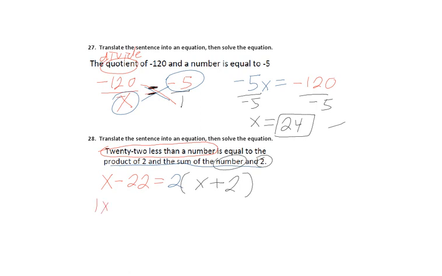Now that it's set up, let's see what we can get. So 1x minus 22 equals 2x plus 4. Okay, well, what we can do is subtract 2x. So you get negative 1x minus 22 equals 4.